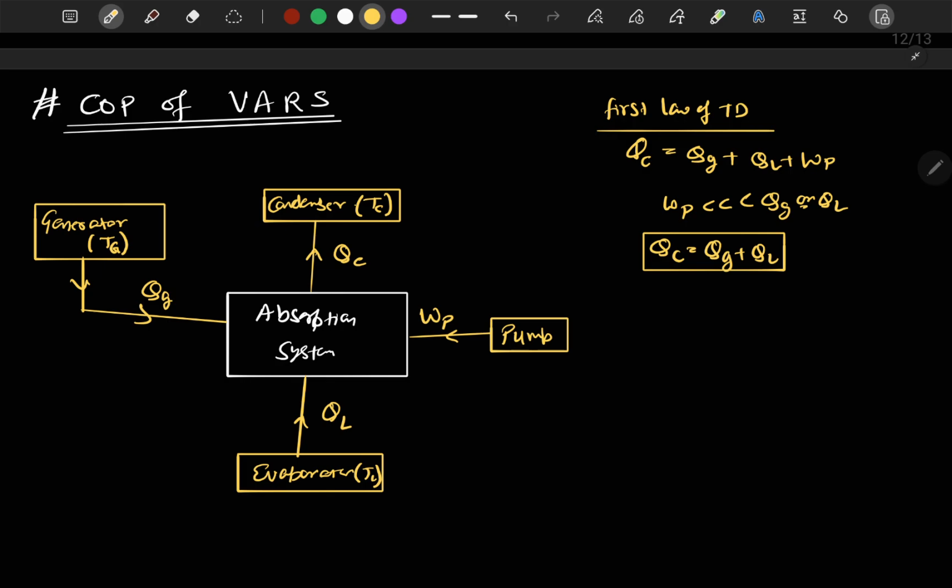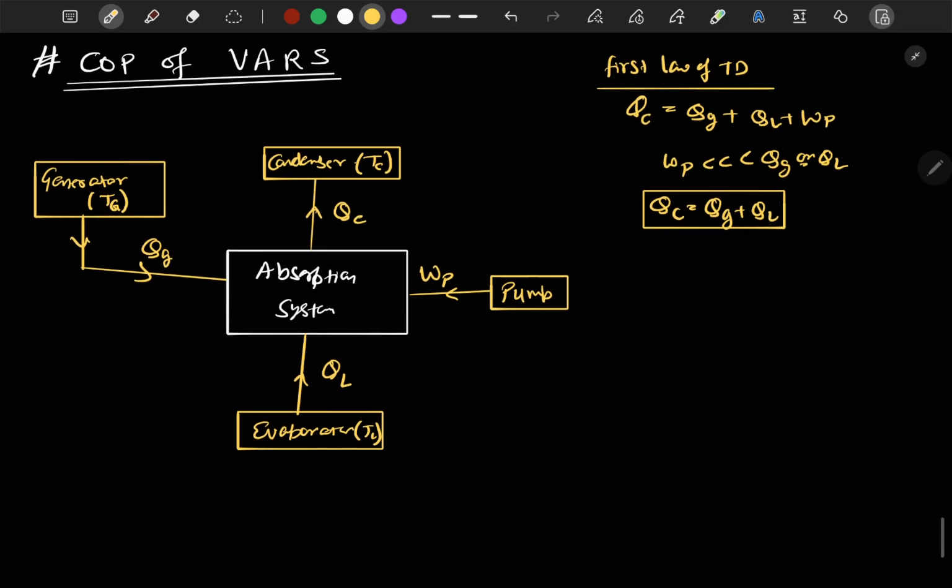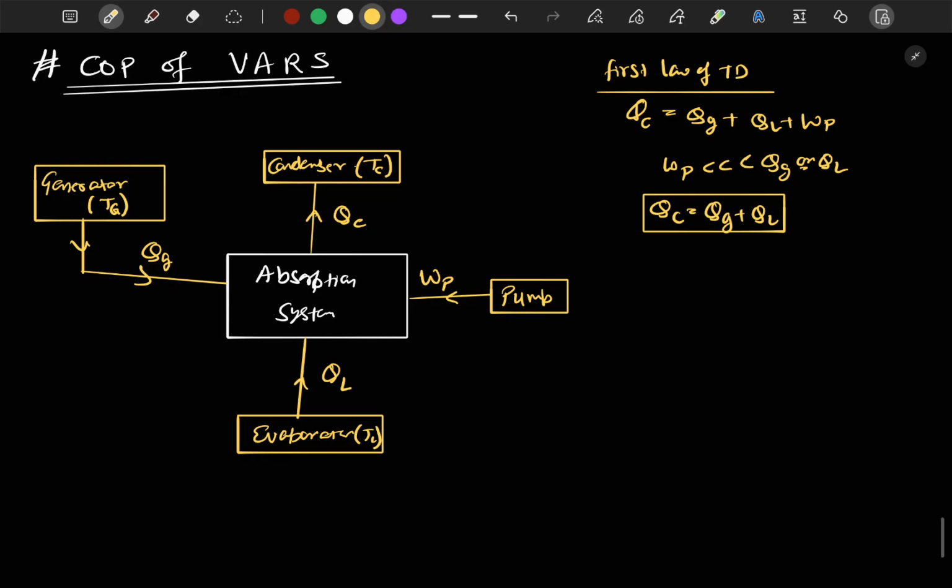Now, if we consider the system to be perfectly reversible, and which system is perfectly reversible? The absorption system is perfectly reversible.